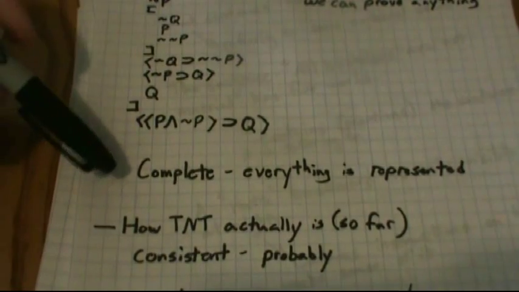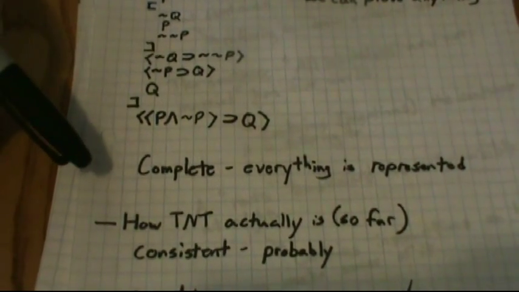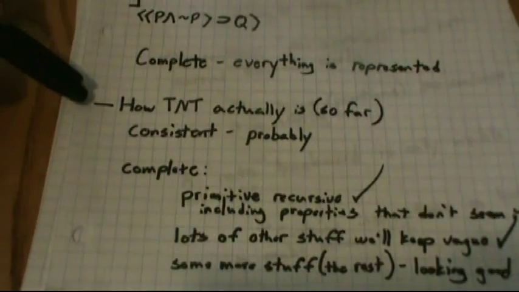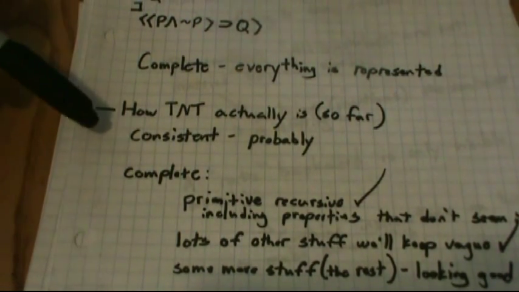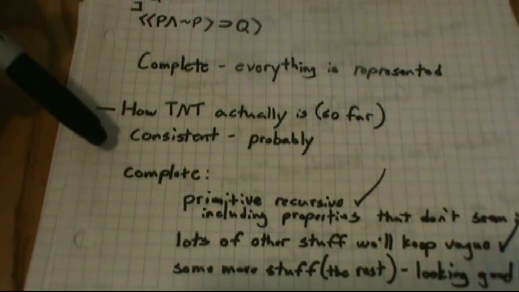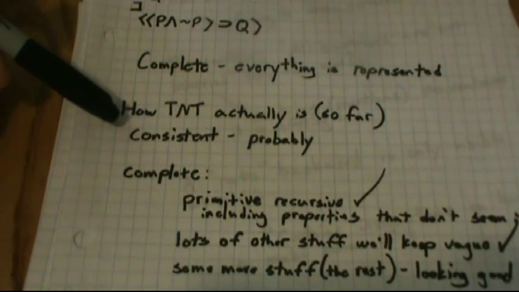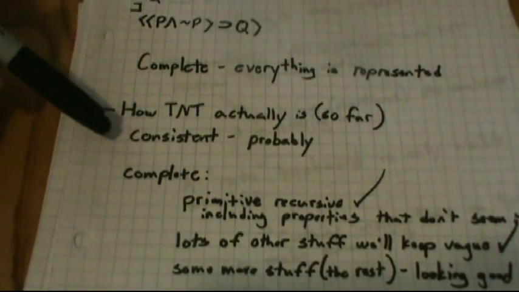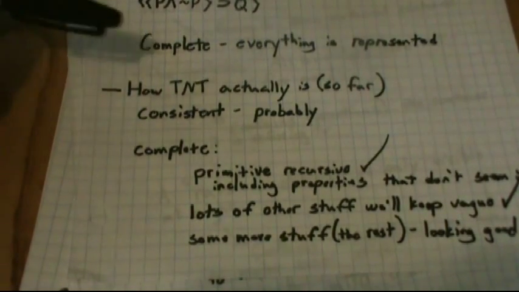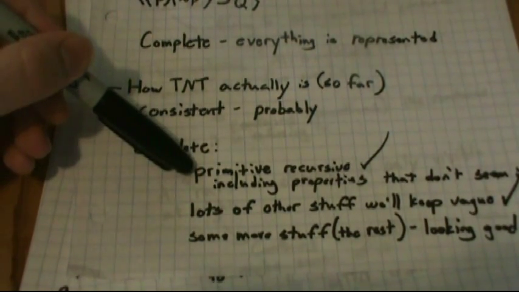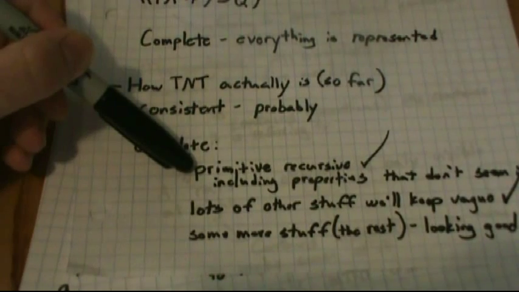Then we also want it to be complete, which just means that everything is represented. So out of those goals, how far have we actually come? Is it consistent? Well, we don't have a proof for that, but it at least seems like we're not going to find any contradictions, so we'll just say it's probably consistent for now and leave it at that. And as far as being complete, we know for sure from last time that everything primitive recursive is going to be represented, so we've got that.